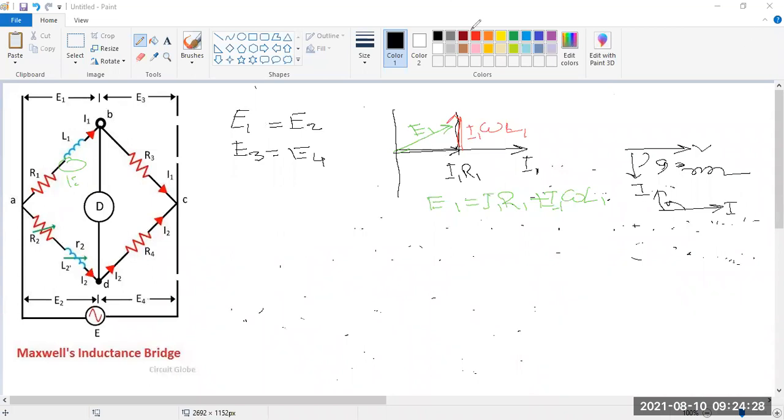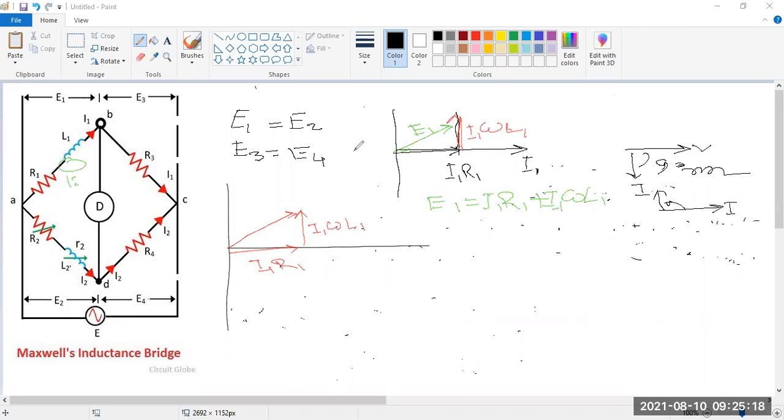and this is the reference line. We have that is E1, that is I1 R1, that is I1 omega L1.